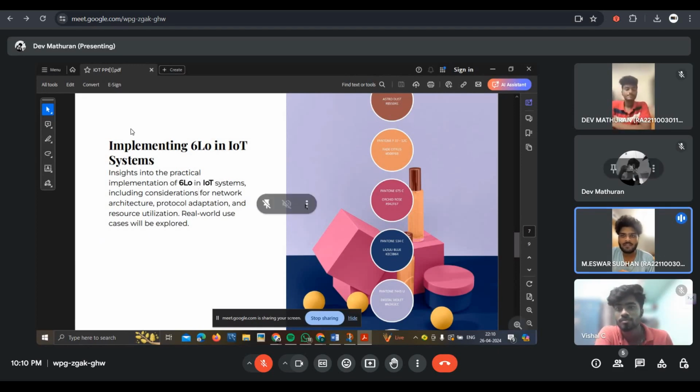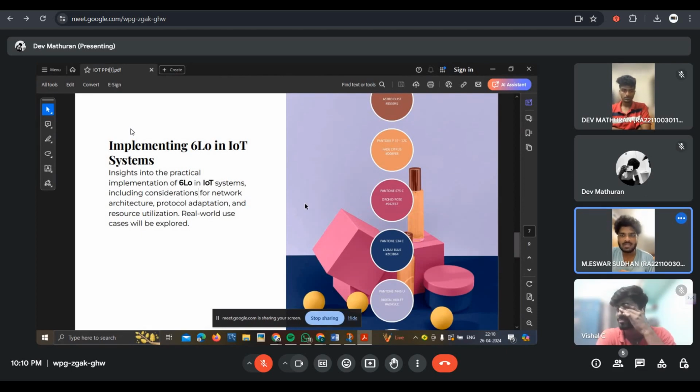And the third one is fragmentation and reassembly. In that, large IPv6 packets are fragmented into smaller units to fit within the constraints of low power networks. And these fragments are then reassembled at the destination.